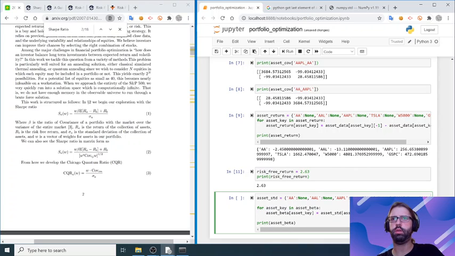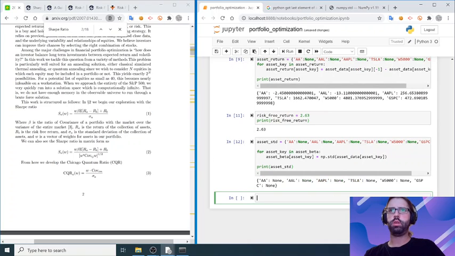Of asset data as a key. That's probably what you want to do. Print asset STD. We want the standard deviation. None.